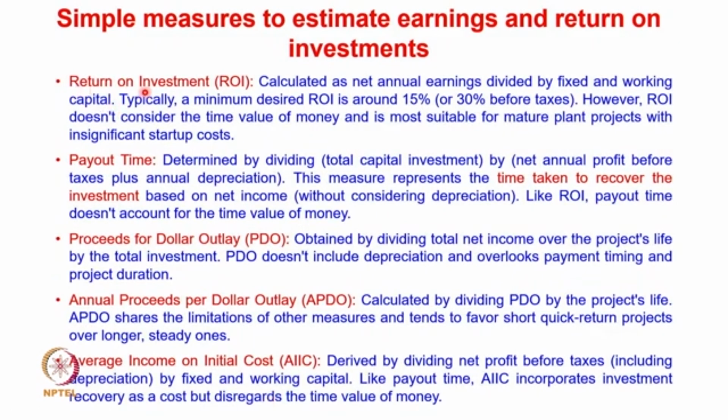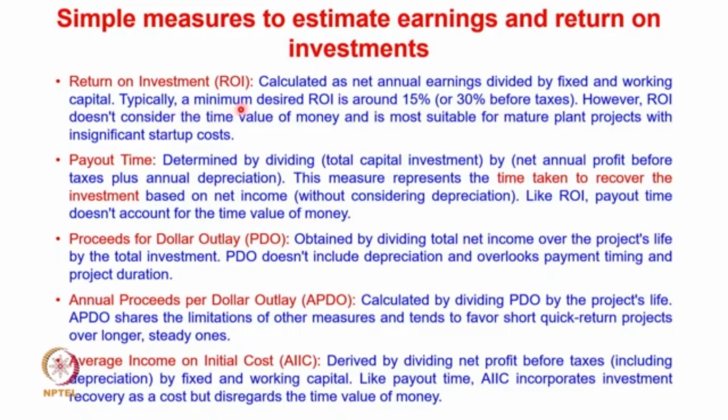When we are talking about the return on investment, these are some of the definitions which we wanted to see here. Return on investment is calculated as net annual earnings divided by fixed and working capital. So whatever net annual earning we have, divided by fixed and working capital, that gives us the return on investment.